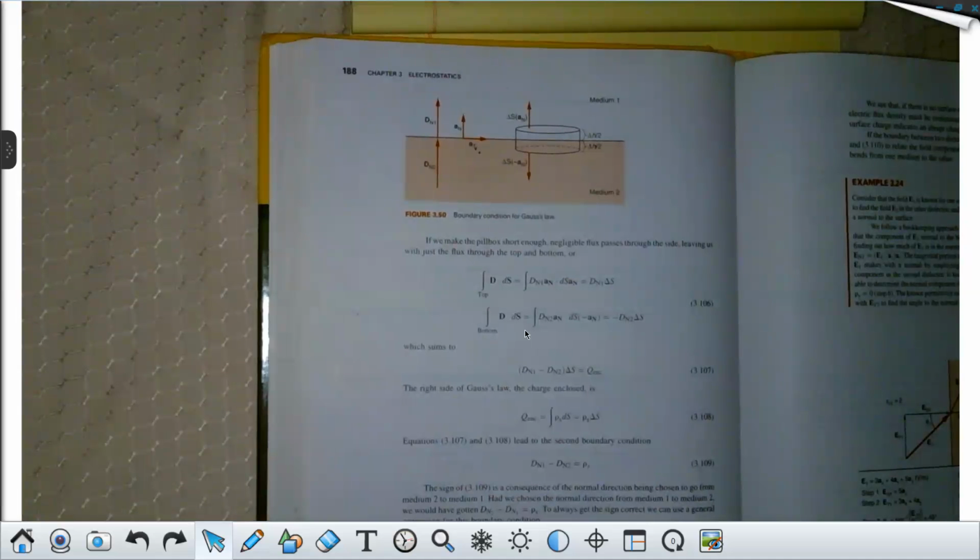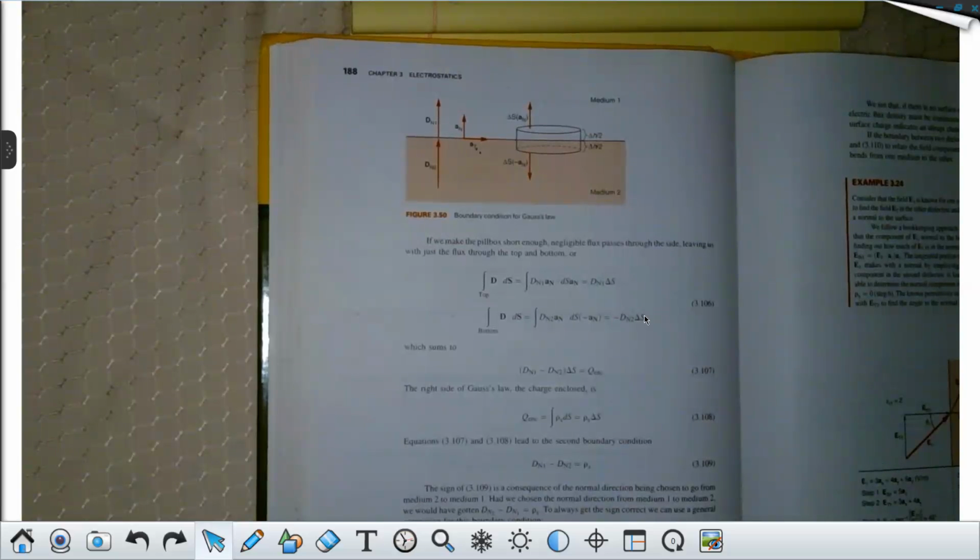On the bottom one, it's D normal 2, dot dS, but the unit vector associated with the surface is in the negative direction. It has to point away from the closed surface, so it's in the negative direction, class. Everybody see that?